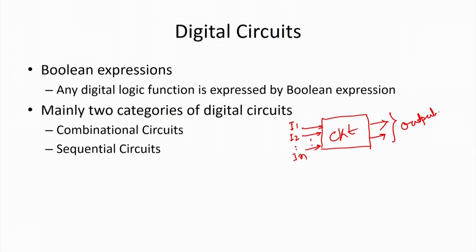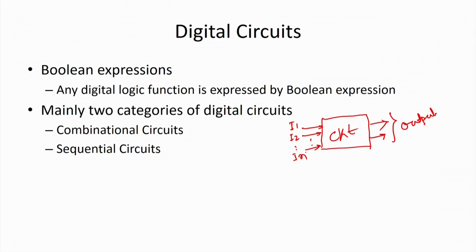These output signals depend on the input signals and on the behavior of the circuit. Such a type of circuit is known as a combinational circuit. That means the output entirely depends on my input. This is a combinational circuit.